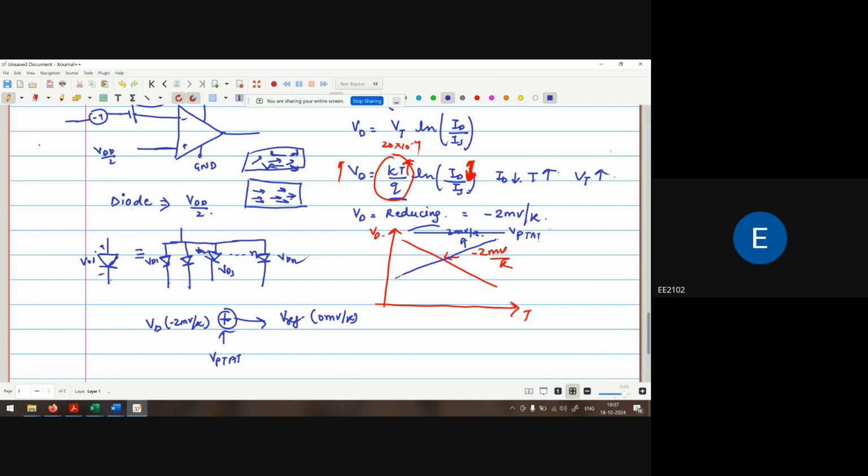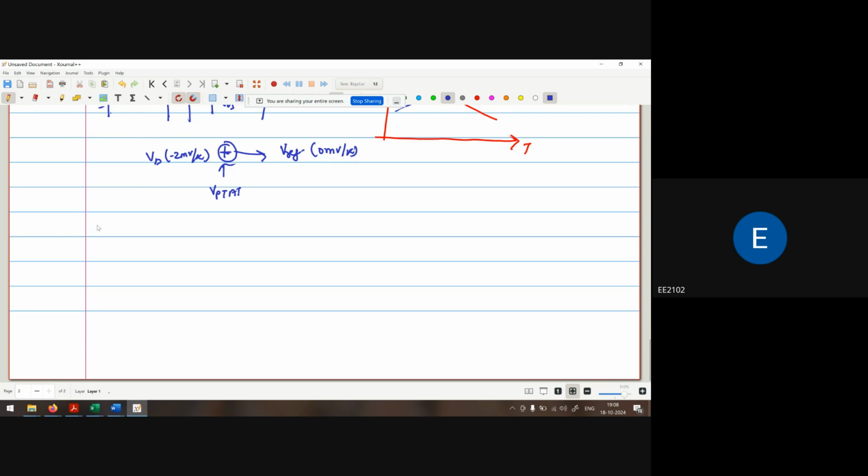So we have multiple diodes connected. Yes, sir. Now, for one diode connected, the voltage VD1 is nothing but VT.